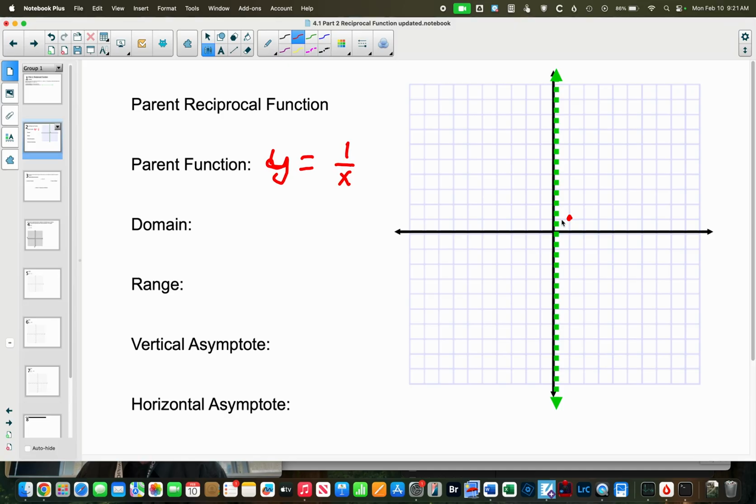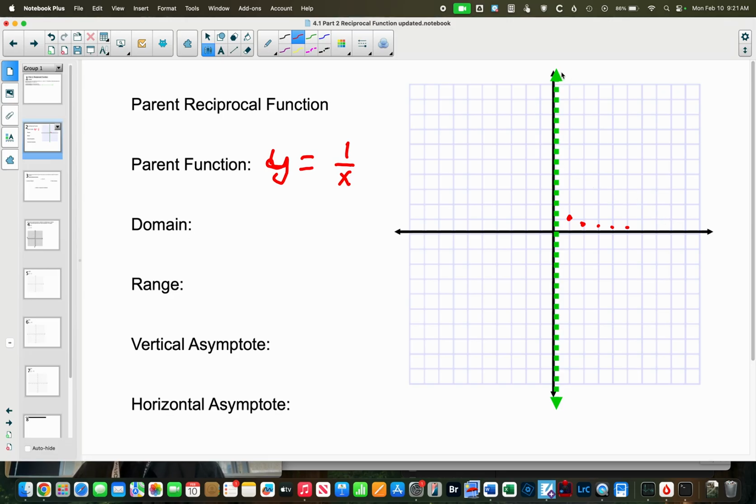Like if I divide by 0.1, it's going to be up high. And then when x is 2, y will be 1 over 2, or a half. And 3, it will be a third. And 4, a fourth. So it will keep getting closer and closer to the x-axis here.